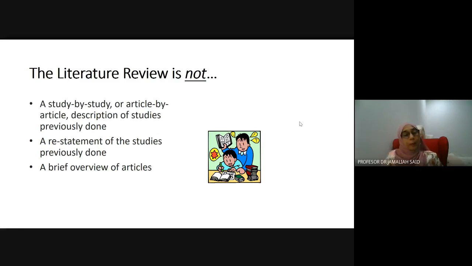So what happened to students is they will read one article on the relationship between leadership and CSR. Assuming this article is written by Taylor, the student says, Taylor 2019 carried out a study on leadership and CSR among companies listed in, say, Hong Kong Stock Exchange, for example, I do not know.